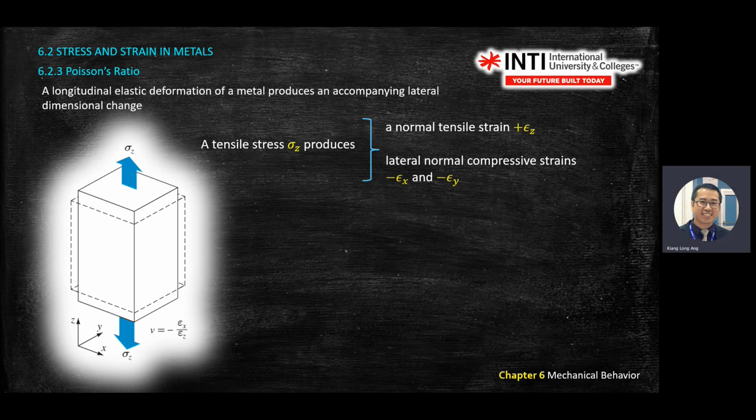Y direction also shrinks. So you have two sets of negative, one set of positive strain.